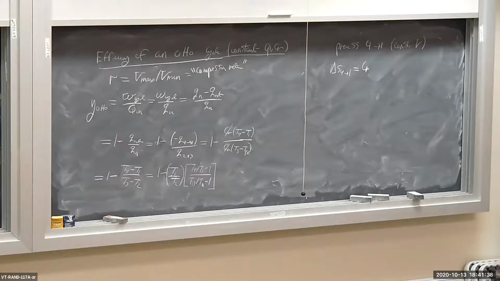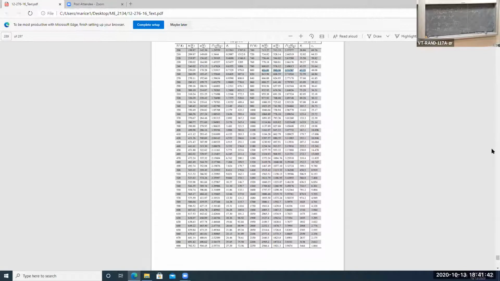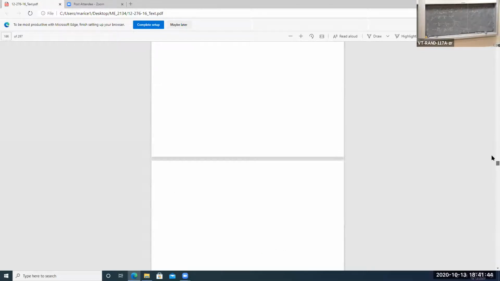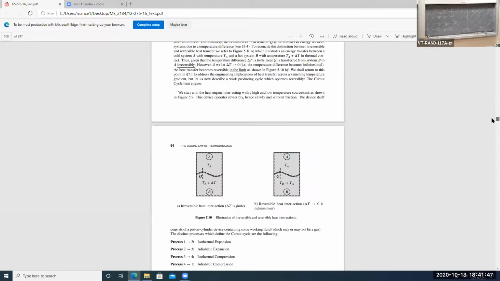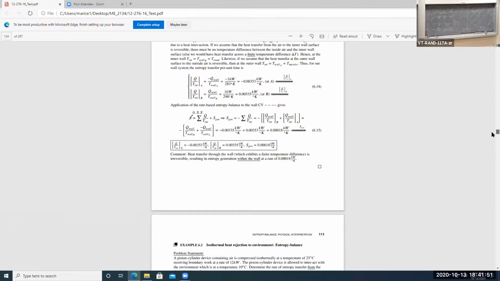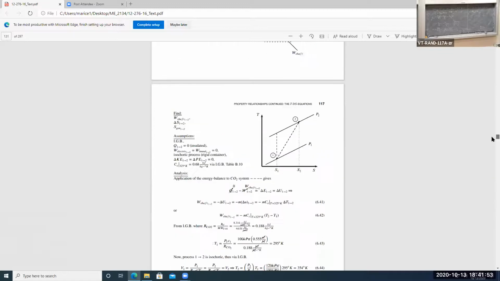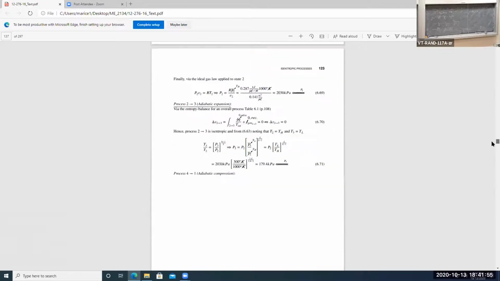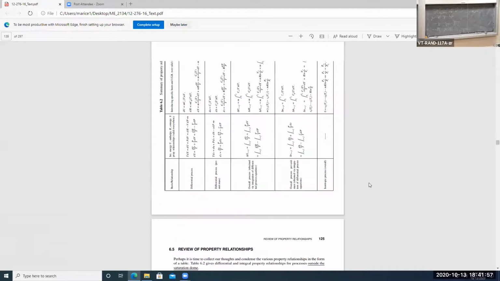So let's have a look back at our property relationships here. If you go look for that table, I think it's 6.2, I think it's page 155. No, let's see here. There we go.